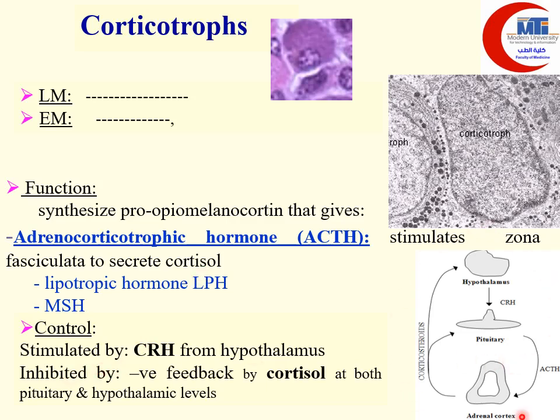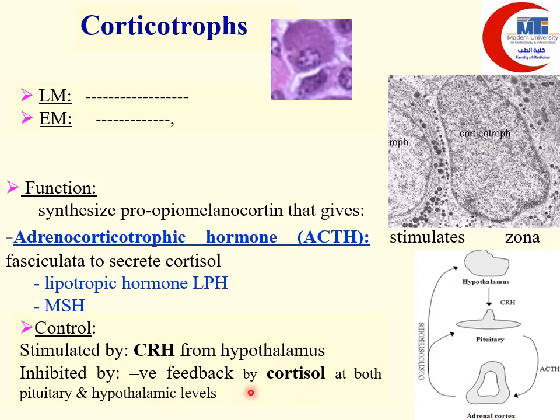This diagram shows that the adrenal gland, or suprarenal gland, which secretes cortisol, is stimulated by the pituitary gland, and the pituitary gland is stimulated by the hypothalamus. The hypothalamus releases CRH, corticotropin releasing hormone, that stimulates corticotrophs in the pituitary to release adrenocorticotropic hormone. This hormone stimulates the adrenal gland to secrete cortisol, and this cortisol causes negative feedback.